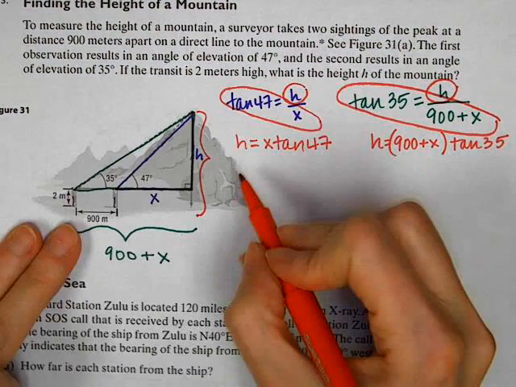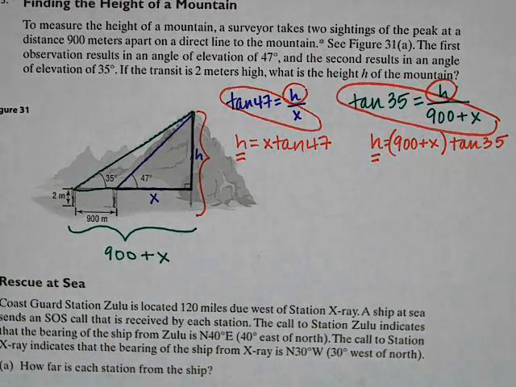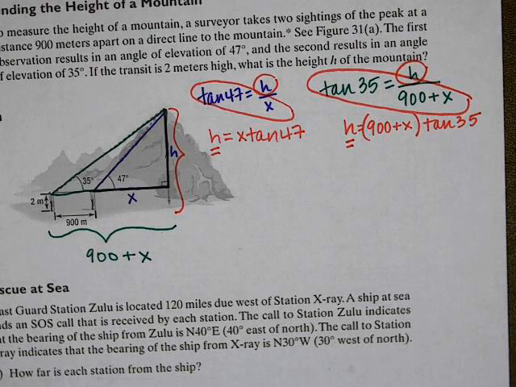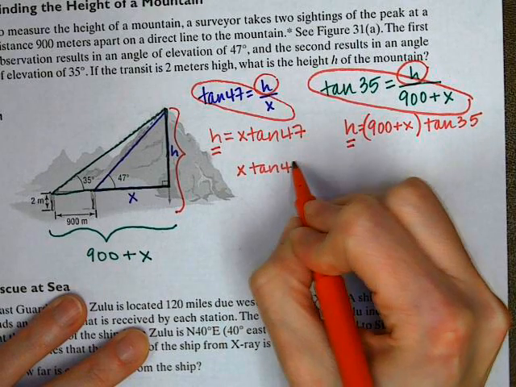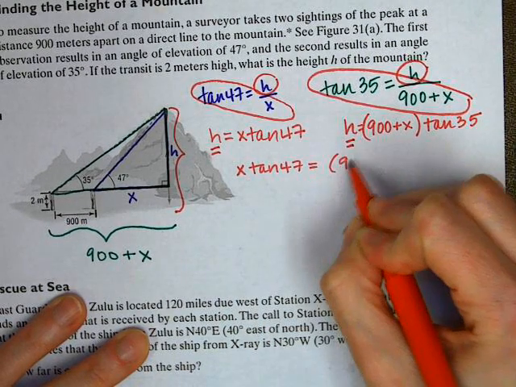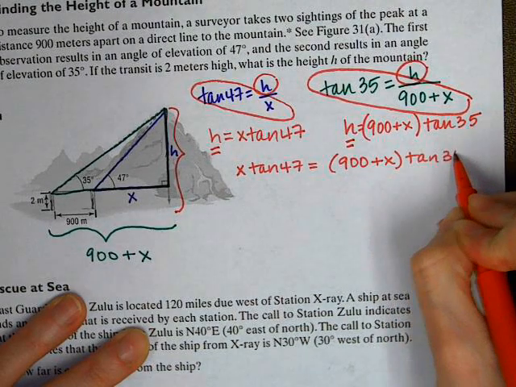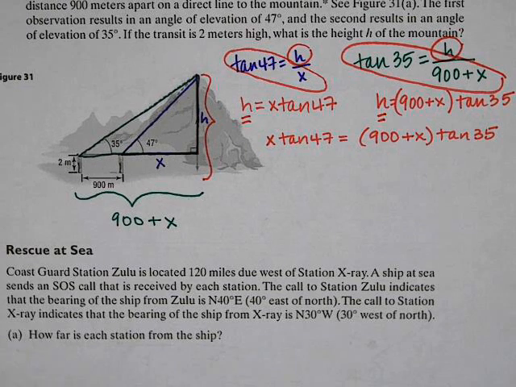And now, if h equals this and h equals this, then in order to find h, let's just set these equal to each other. So now we have x tan 47 equals 900 plus x times tan 35. And now we're trying to find x, so we can sub it in to find h.